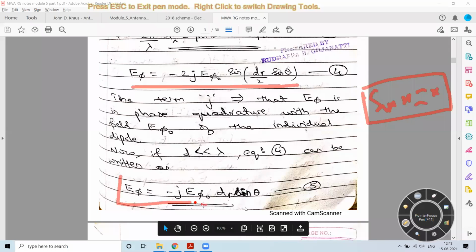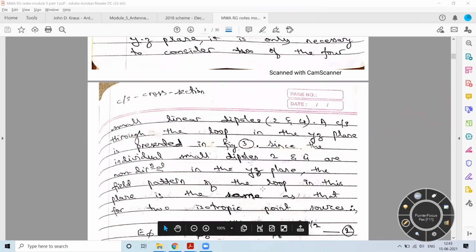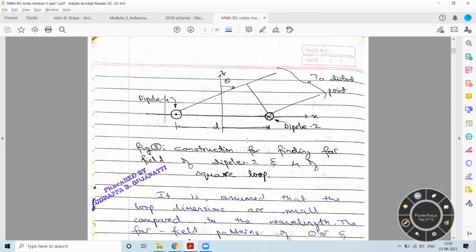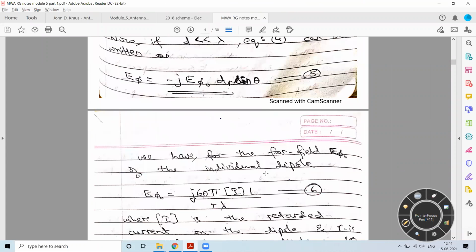When we simplify that, we have the total field given by minus j E phi naught dr sine theta. So this is the field which is associated with this structure.